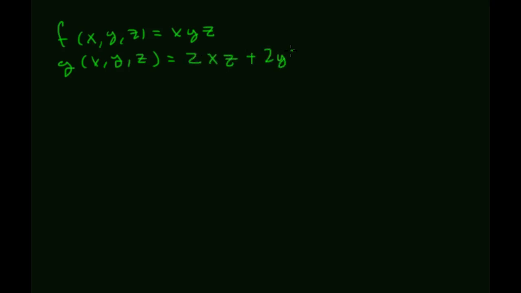If I look at our example, we're going to let f of x, y, z be equal to x times y times z. That's what we're going to try to optimize. G of x, y, z is equal to 2xz plus 2yz plus xy, which is equal to 12.